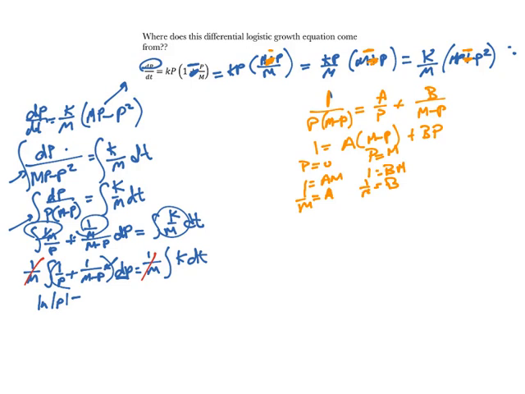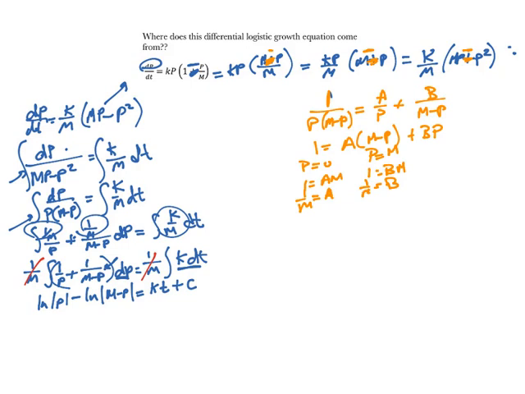So when I do the integral of 1 over m minus p with respect to p, that means it's the natural log of m minus p times the derivative of negative p. So that's why it's a negative natural log of the absolute value of m minus p. Equals, and I'm integrating with respect to t, so this would just be kt plus c.